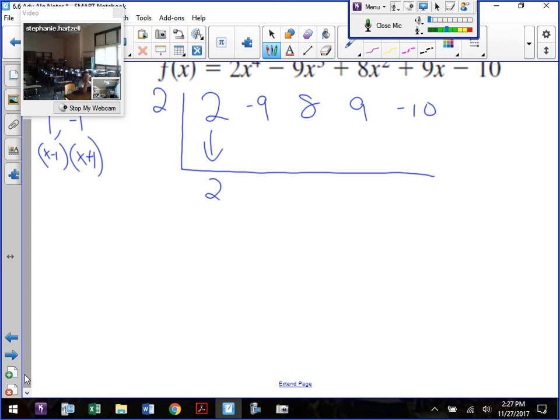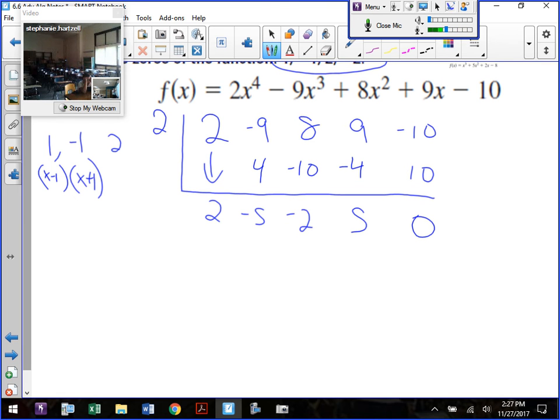Okay. So if I go back and just restart, it also works here. So 2, 2 is 4, negative 5, negative 10, negative 2, negative 4, 5, 10, and a 0. Hey, 2 is a 0. So it's x minus 2.